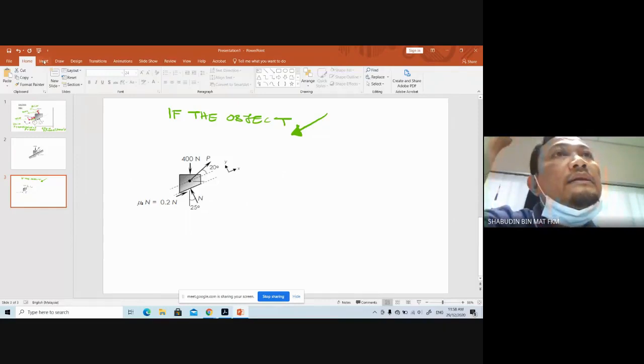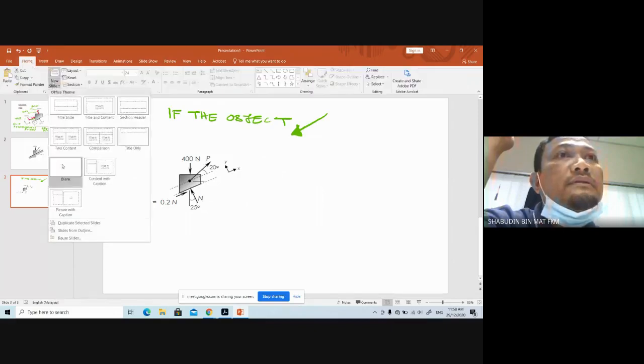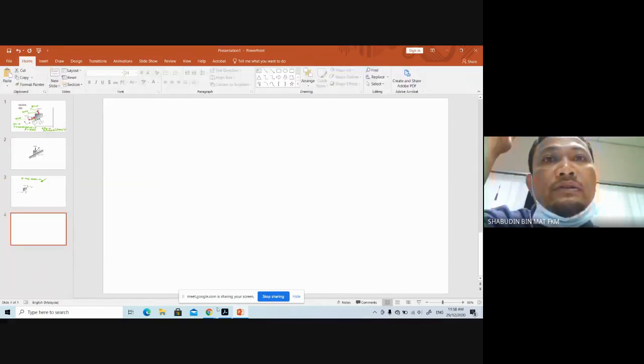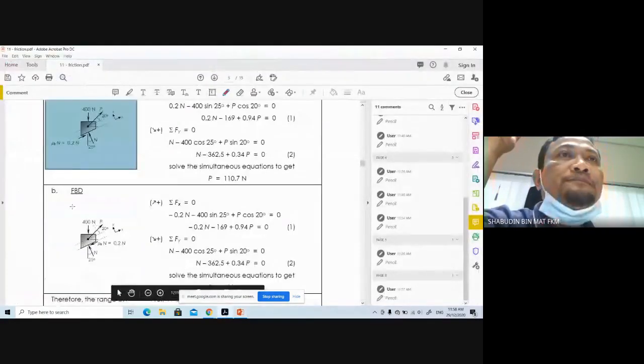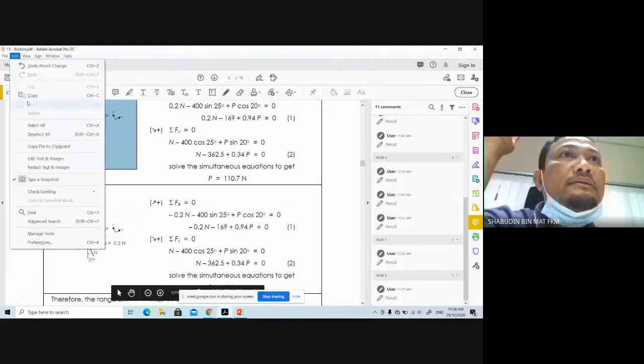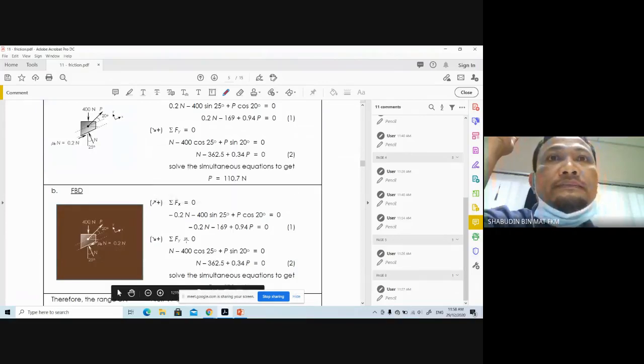Copy, insert, new slide. Edit, take a snapshot of it, copy.